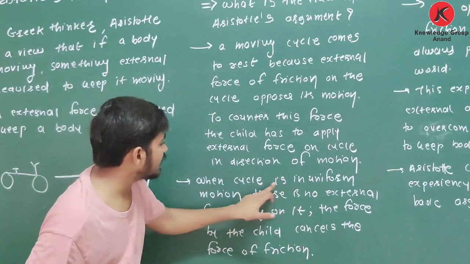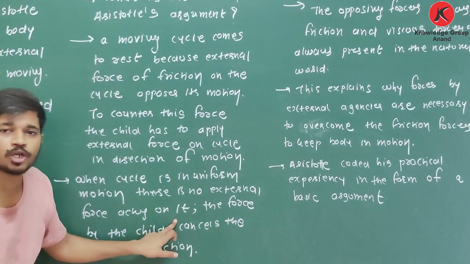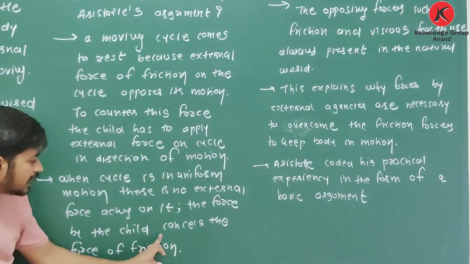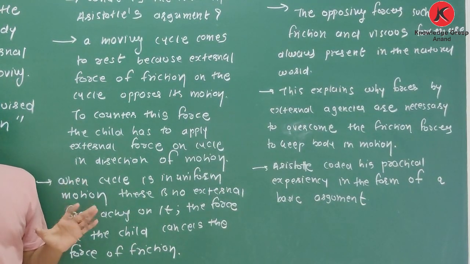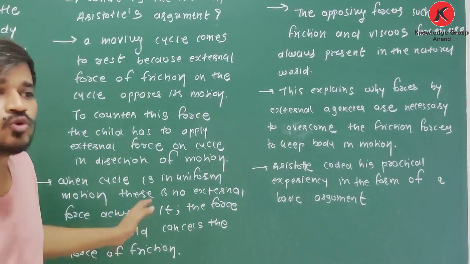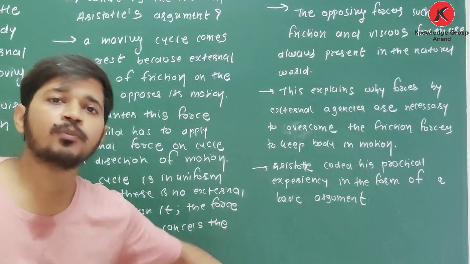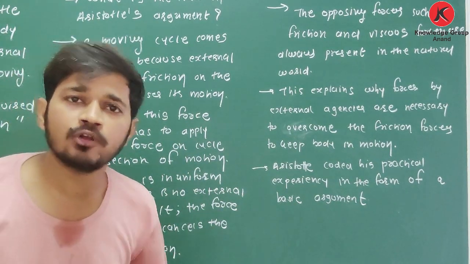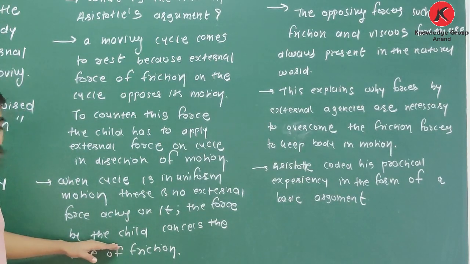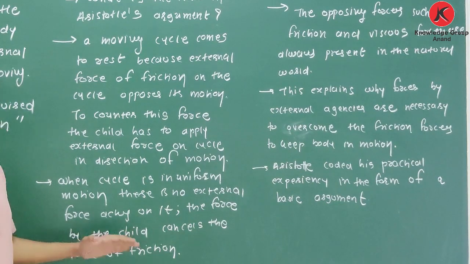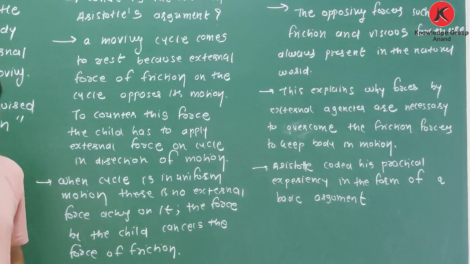When the cycle is in uniform motion, there is no net external force acting on it. The force by the child cancels the force of friction. So here we have to apply force to counter the opposing force. And when total force is 0, acceleration is 0, and the cycle will move with constant velocity. Clear about this?